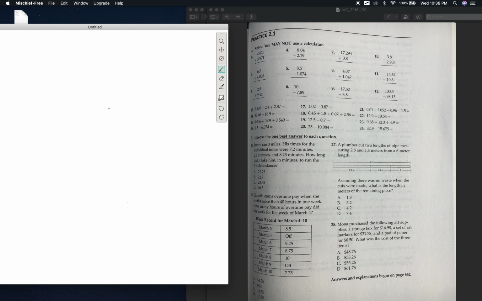So, she worked 8.5 first day. She worked 9.25. Remember, line up the decimals. And she worked 8.75 another day.